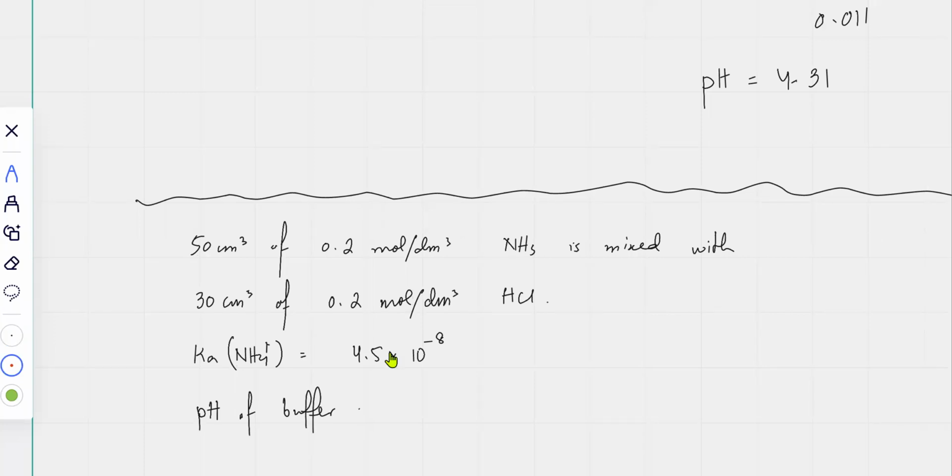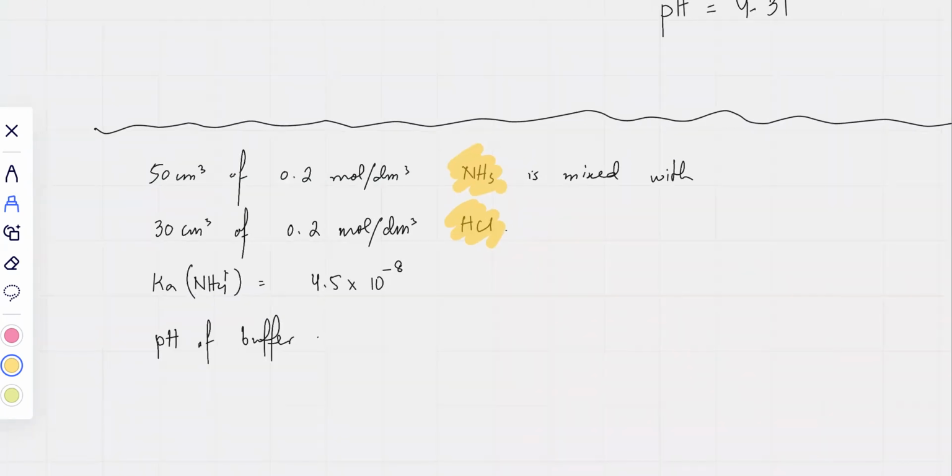Now, the very first thing is that these two are not going to form a buffer. If you mix NH3 and HCl, it's not a conjugate base and weak acid mixture. What would actually happen is that the two are going to react with each other. The NH3 would start to react with the HCl, and together they would form NH4Cl.